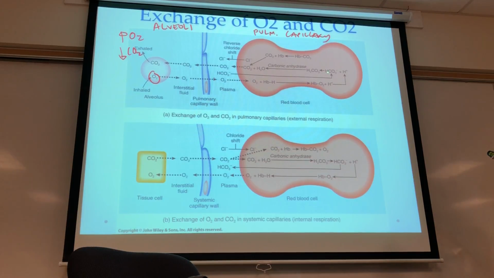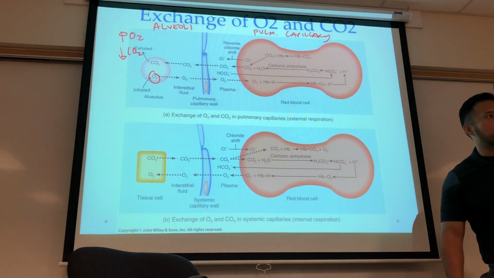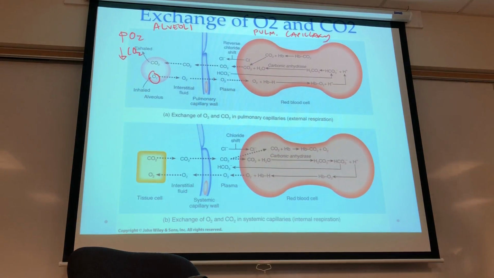So our bicarbonate ion, which diffuses from the plasma, makes its way into the red blood cell, binds to that hydrogen ion. Once you have that hydrogen ion bind to the bicarbonate, you make carbonic acid. Carbonic acid then turns back into CO2 and H2O, carbon dioxide and water, by virtue of carbonic anhydrase, an enzyme that we'll be talking about quite a bit.